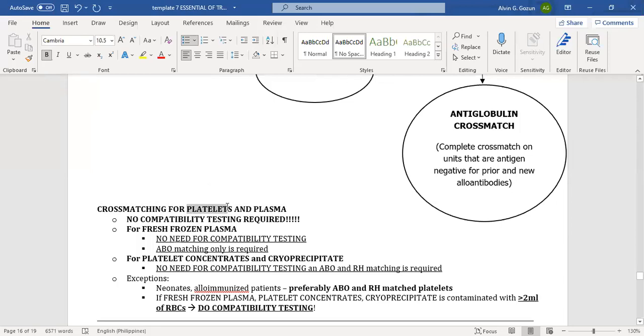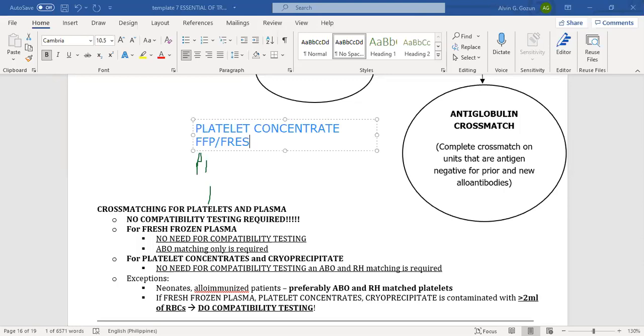Guys, para mas maintindihan ninyo, ang tawag kasi dun sa blood product kapag platelet, platelet concentrate. Pasulat. Platelet concentrate. Kapag yung blood product naman natin, mostly plasma, ang tawag dyan, FFP or what we call now your fresh frozen plasma. Naintindihan?